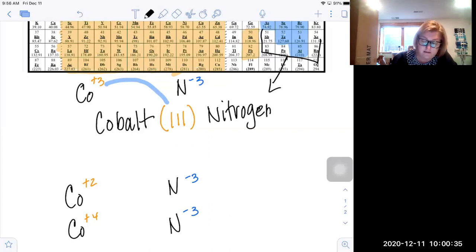And then I'm going to say nitrogen. But again, when you have something from this section of the periodic table, everything from this section gets changed to an IDE ending. So we drop that ending and change it to IDE.